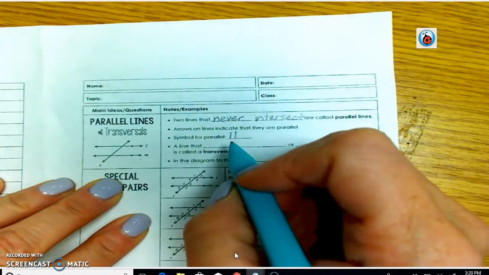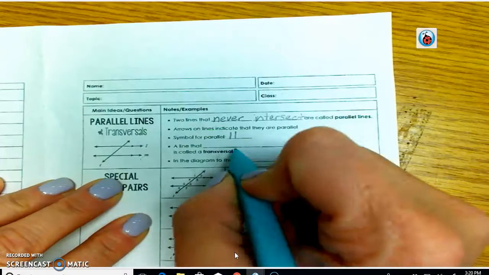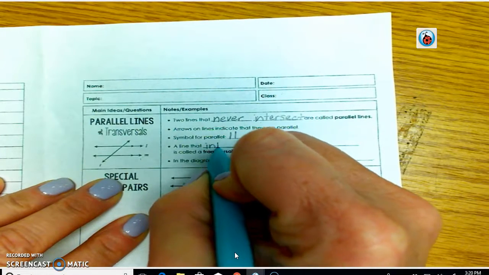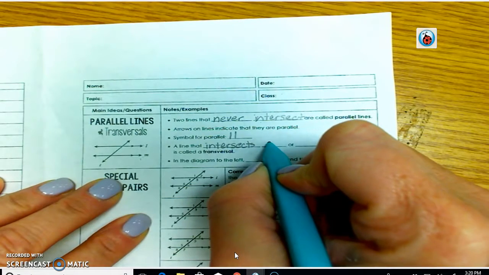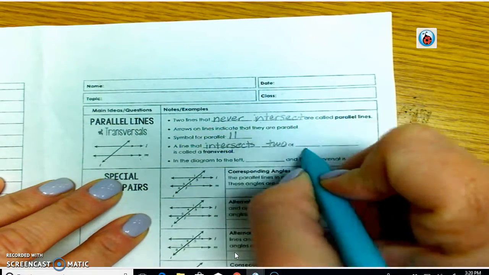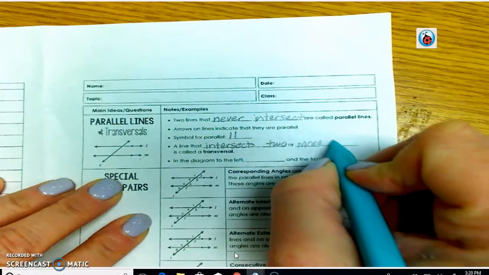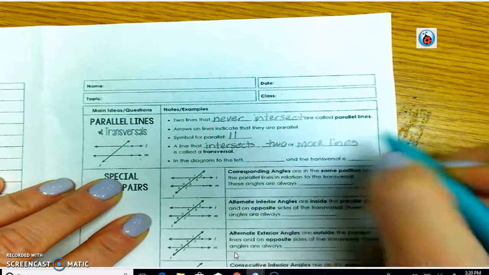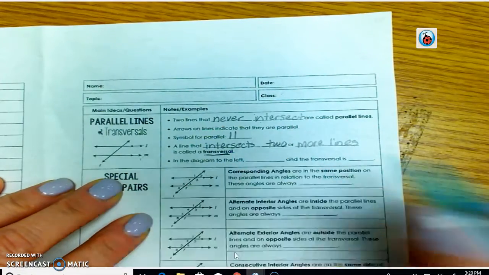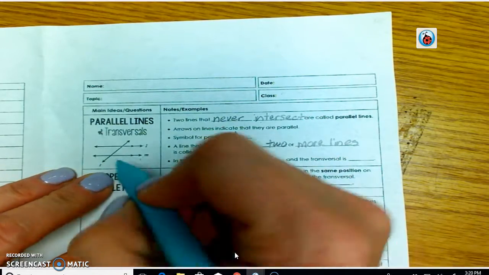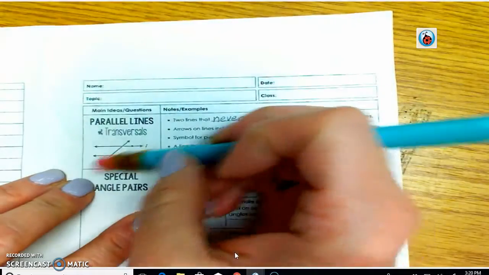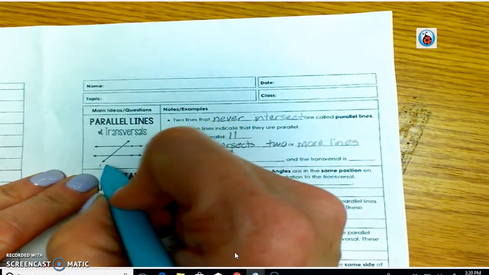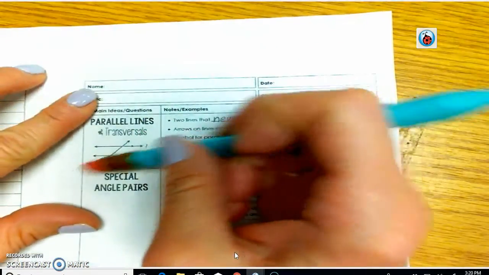A line that intersects two or more lines is called a transversal. This line right here, I can't tell what that says.